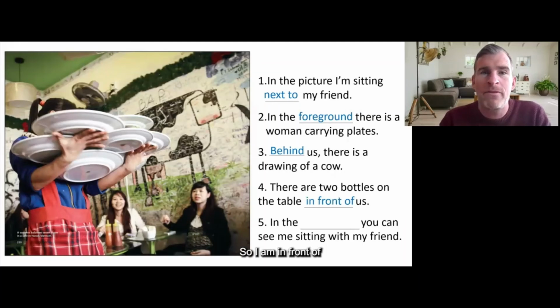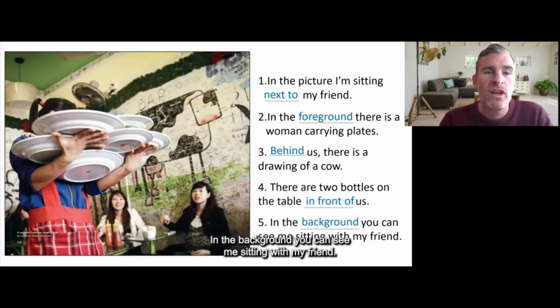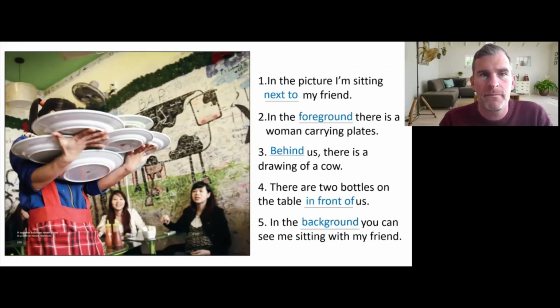So I am in front of the sofa, for example. Okay, number five, last one. In the, you can see me sitting with my friend. In the what? In the background. Well done. If you got that right, well done. But in the background, you can see me sitting with my friend.